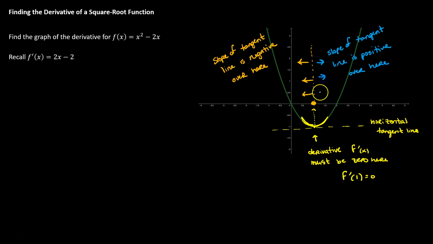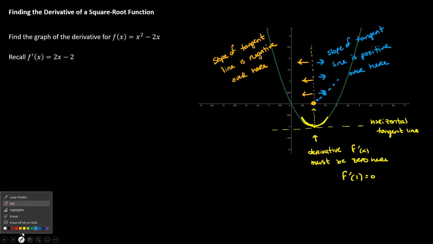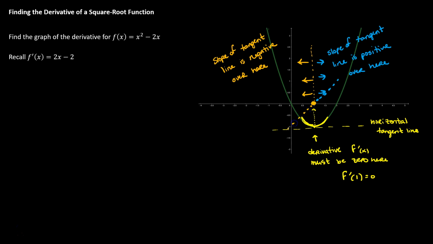So anything to the right of this should be above the x-axis, which is where we can color in a few points up here, color in a few points to the left of that dotted line, and we start to generate the line that we saw in GeoGebra.